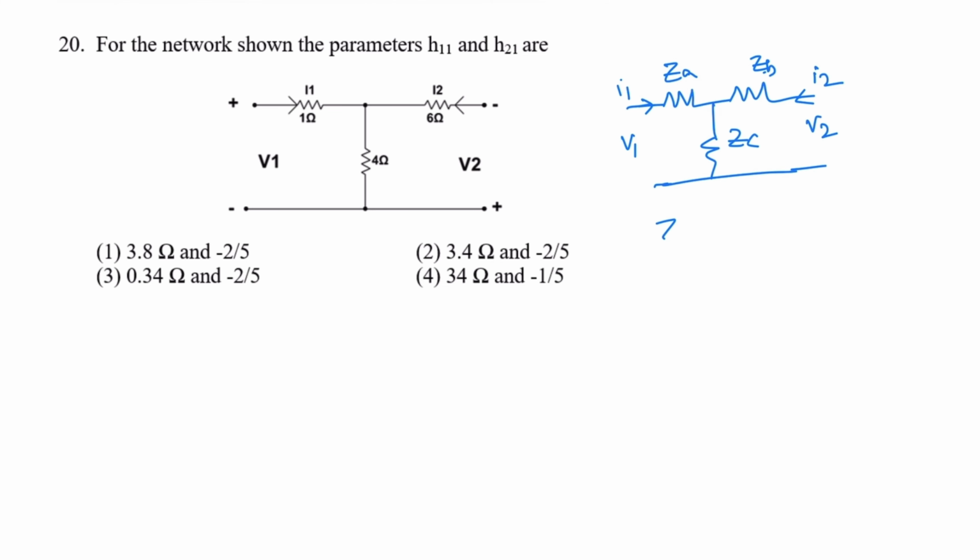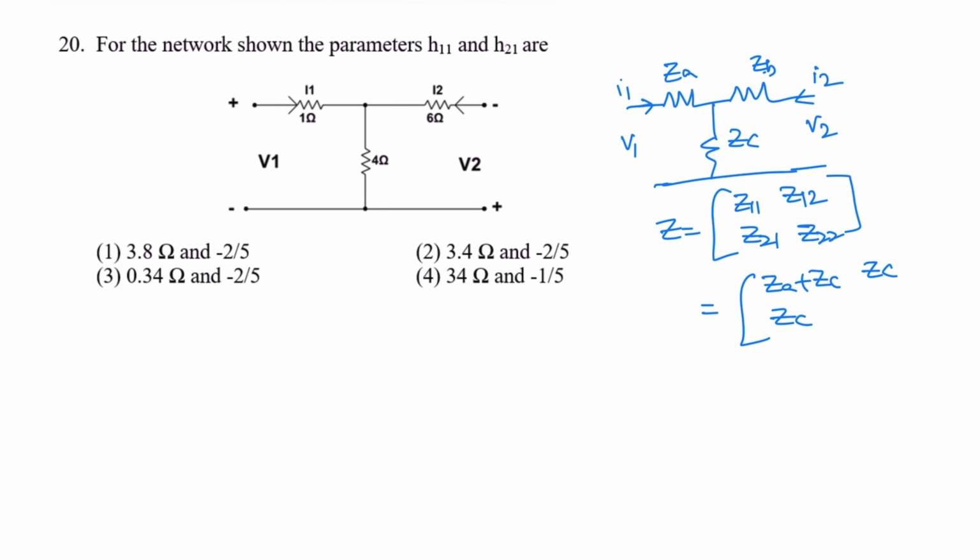Now the Z parameters are Z11, Z12, Z21, Z22. So Z11 is ZA plus ZC, Z12 is ZC, Z21 is ZC, Z22 is ZB plus ZC. So these are the corresponding open circuit or impedance parameters for the given T network.